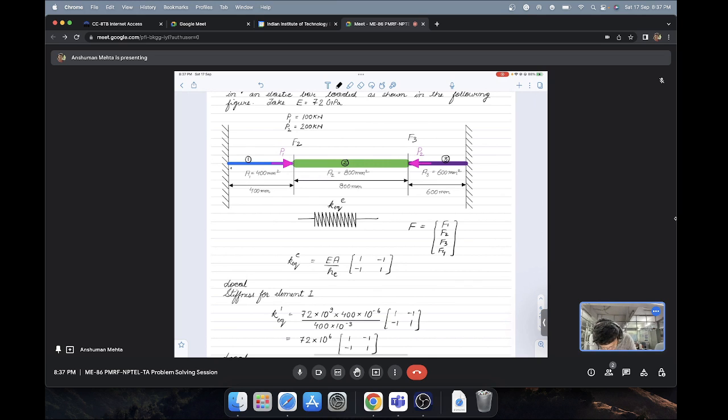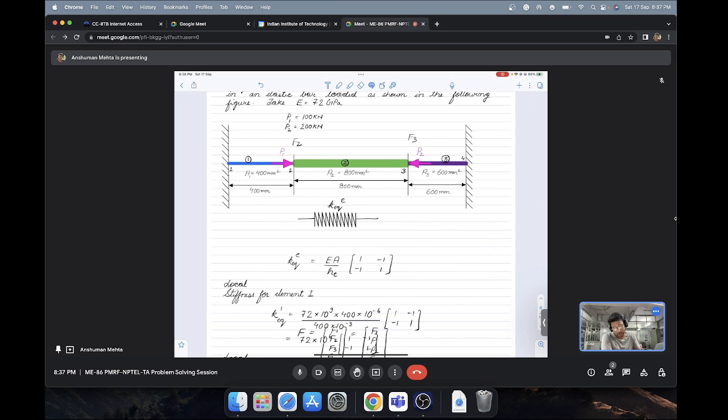So these are those points 1, 2, 3 and 4. We know the forces at 2 points and 2 points we don't know. So f1 we don't know. f2 is given, which is P1, and f3 is P2 but in different direction, and f4 we don't know. Okay, so this is our force vector.